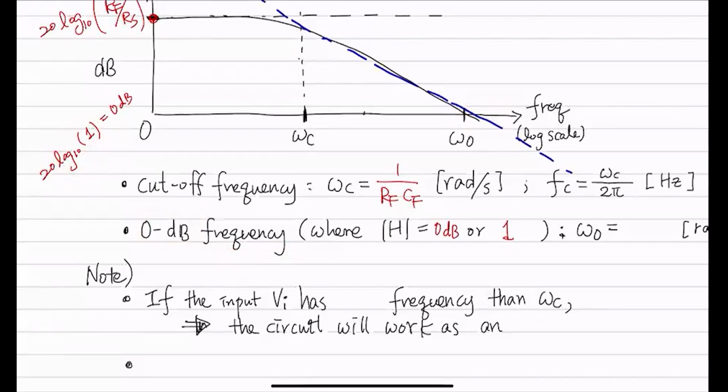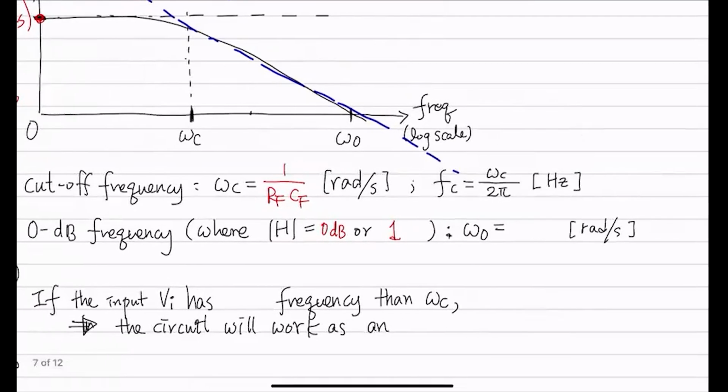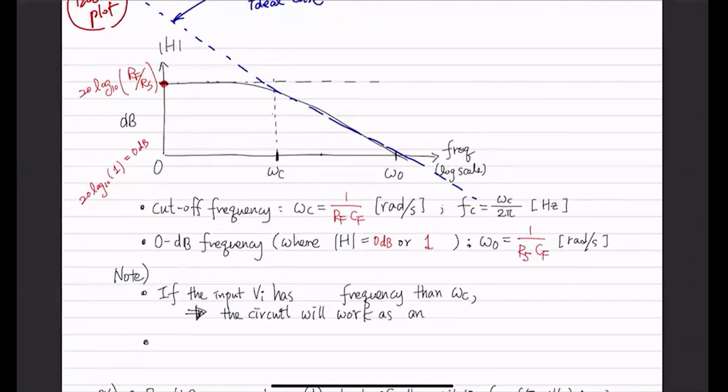So that's 0 dB, or the ratio is 1, okay? And that frequency is 1 over RF CF. All right, and again, that is in the unit of radian per second.